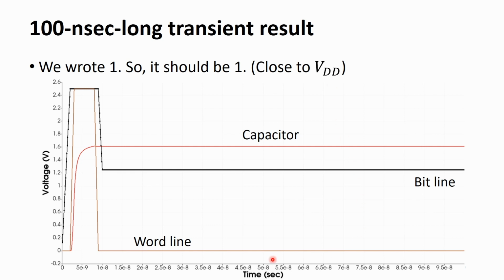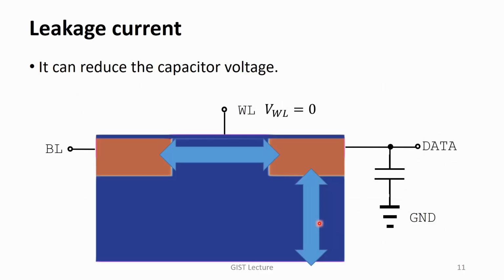This figure shows the 100 nanosecond long transient result. How does it look? Can you recognize any change? Probably not. However, it is reminded that the data node is connected not only to the capacitor but also to the MOSFET.